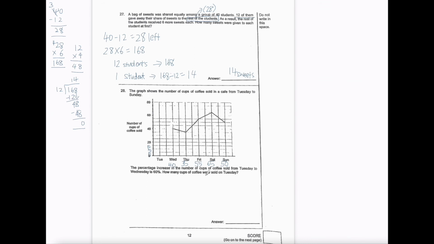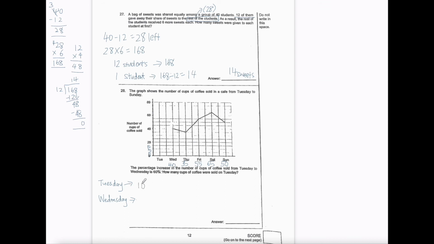Okay? So anyway, the percentage increase in the number of cups of coffee sold from Tuesday to Wednesday is 60%. So let's find the percentage, okay? So I have an increase.